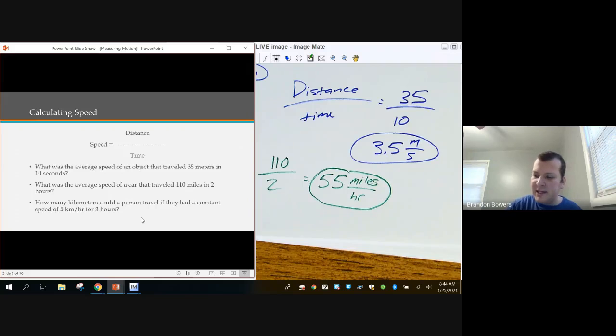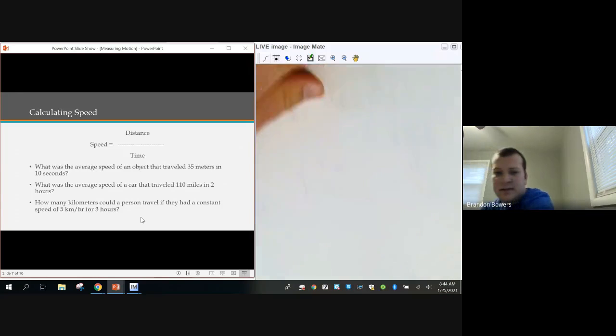The last one's a little tricky, okay? How many kilometers could a person travel if they had a constant speed of 5 kilometers per hour for 3 hours. So if we look at this one, it's a little different.